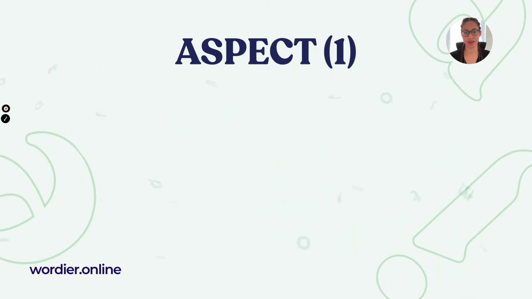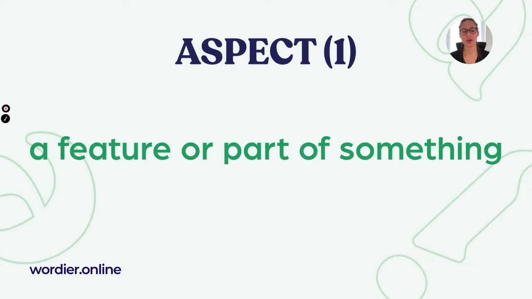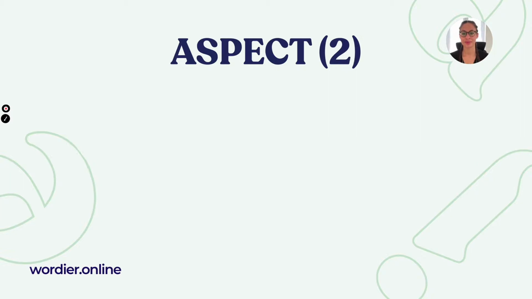The definition there is a feature or part of something. The aspects of something are the features or the parts of it. When you're shopping for technology, you might consider the different aspects of one computer versus another one, the different parts and features.